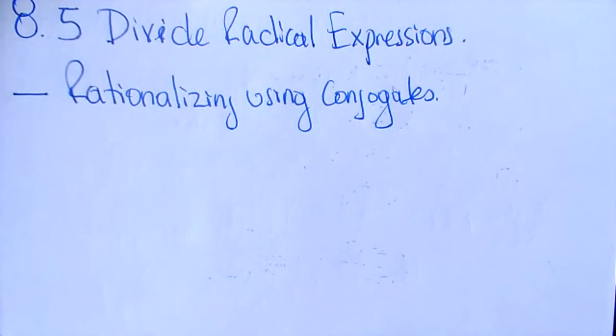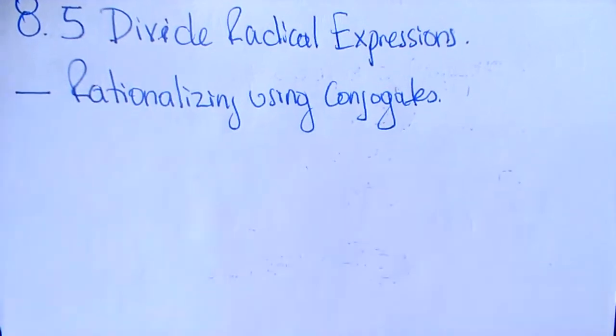And how do we do this? By multiplying by 1. But as you all know, this is not a regular kind of 1. In particular, we're going to be multiplying by a 1 that is made out of conjugates.